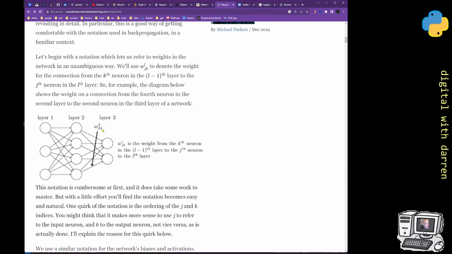That's the fourth one here. It's weird to look at, but that's J and K.